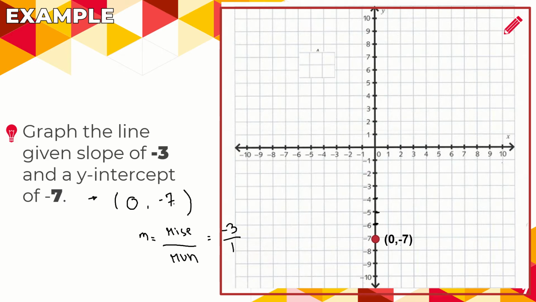Then, a step on the negative side because we have a negative slope. So that's the second point. So we have (-1, -4). That is the line with the slope of -3 and a y-intercept of -7. Is that clear, class?